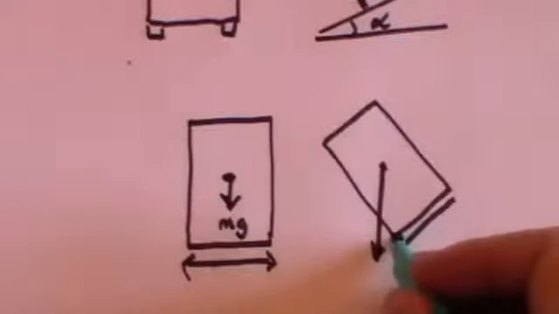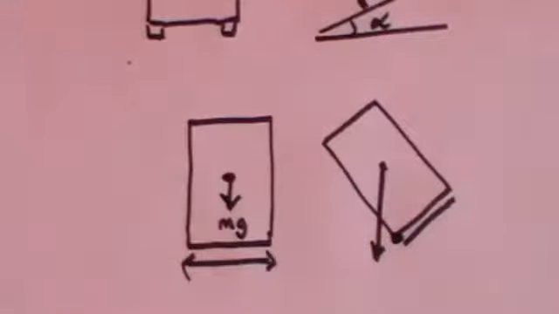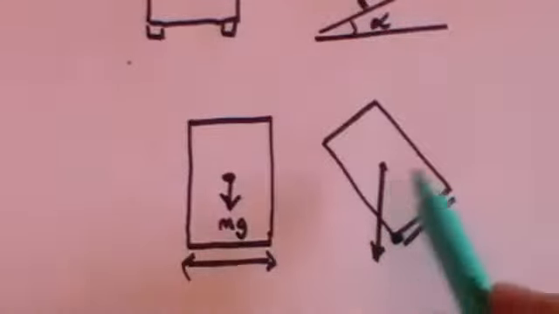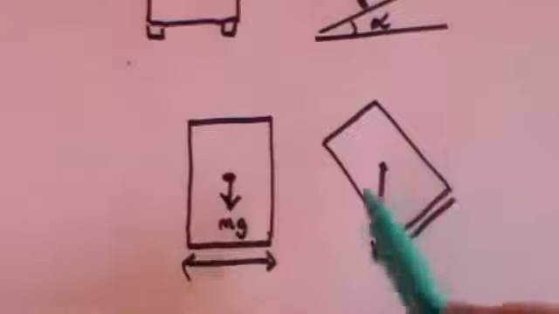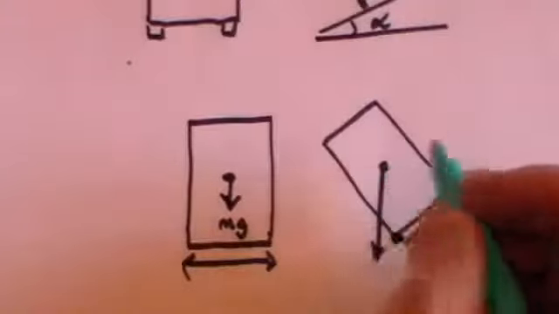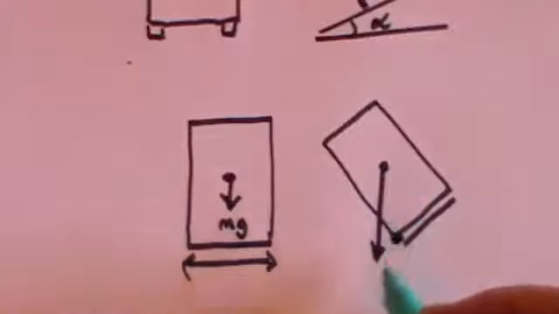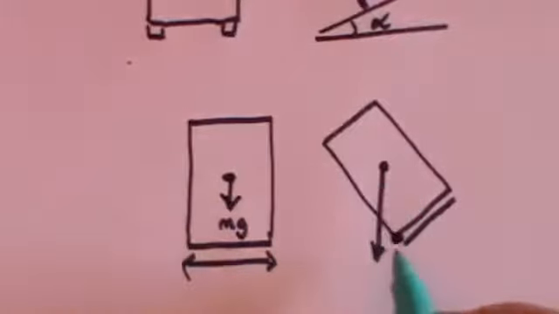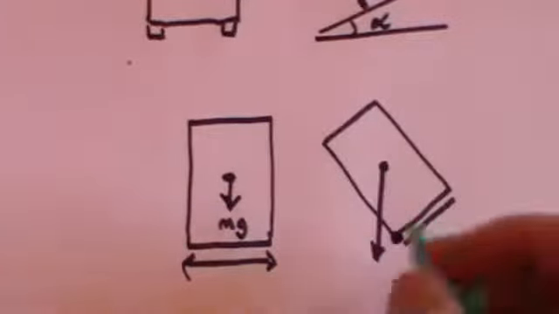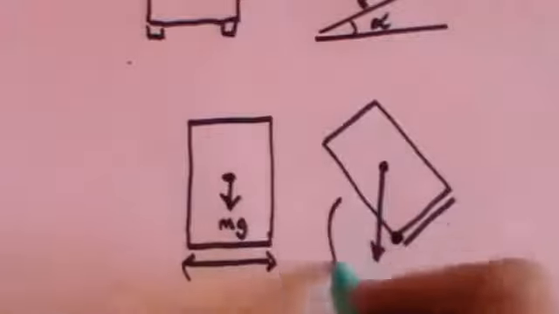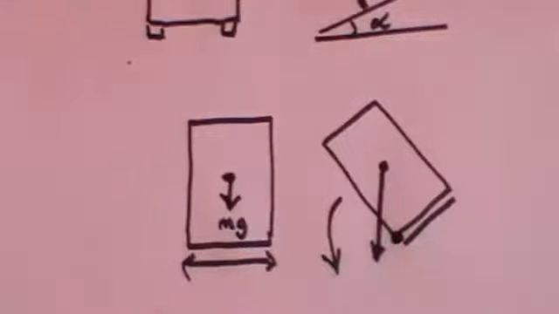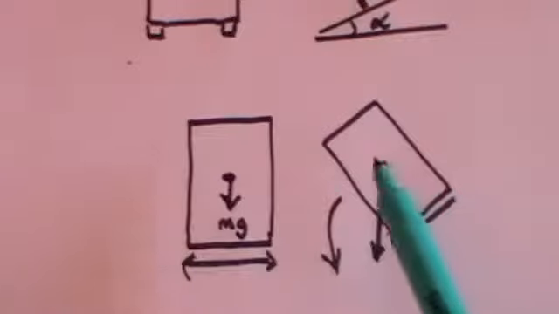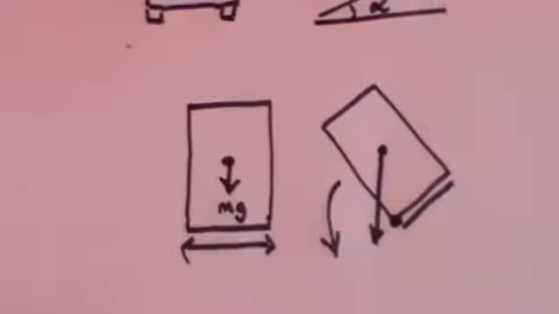Because this is the turning point, or the fulcrum, or the pivot. That's the point at which the whole thing is swiveling. And if we've got a centre of mass, which means that there's a weight acting to the left of that pivot point, it means that there's a moment of a force that is swiveling in that direction, and that's going to cause it to tip.